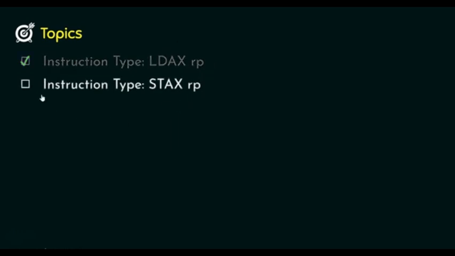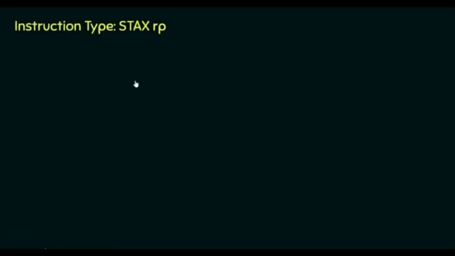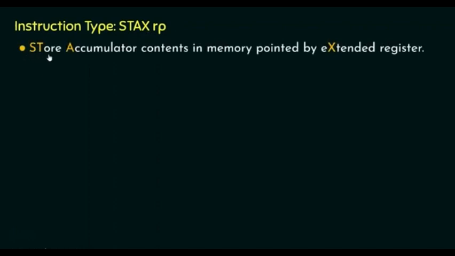Let's now learn about the next instruction type, STAX RP. Coming to the instruction STAX RP, I think you have already presumed what it means. Well, the mnemonic of this instruction type means we are supposed to store the accumulator contents in the memory which will be pointed by the extended register, or in other words, the register pair.